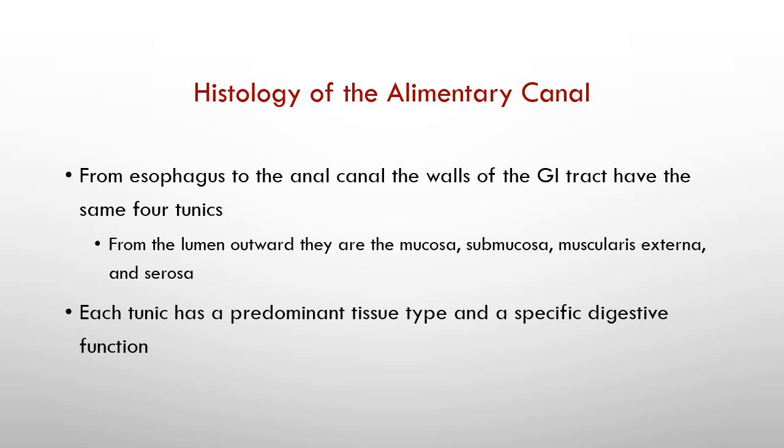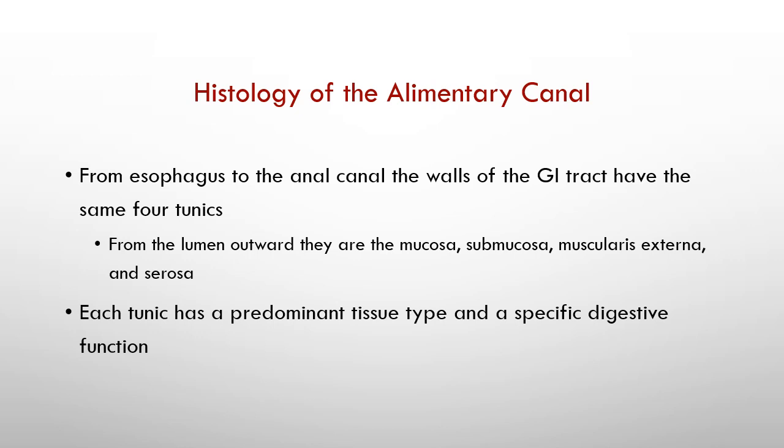When it comes to the digestive tract, there's an abundance of types of epithelial lining in different places, and this varies depending upon where we are. Once we enter the esophagus and go all the way down to the anal canal, we have basically the same basic structures.